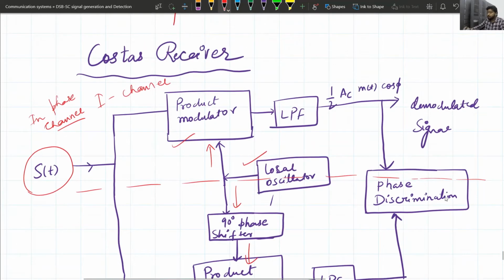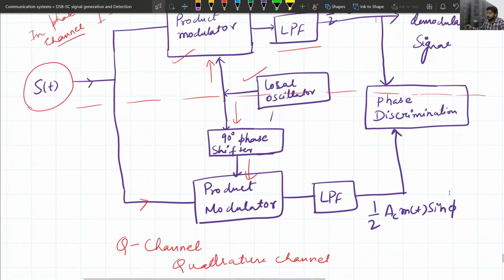After passing through the low pass filter, we obtain a signal with an attenuation factor of cos phi, and for the Q channel we obtain the message signal with an attenuation factor of sin phi.